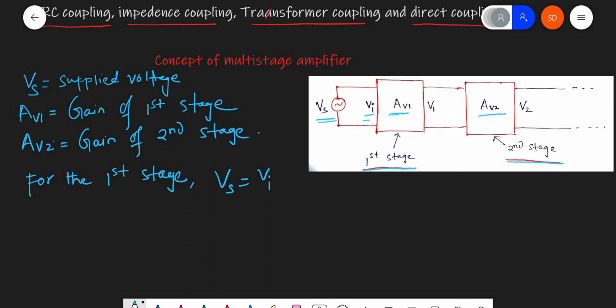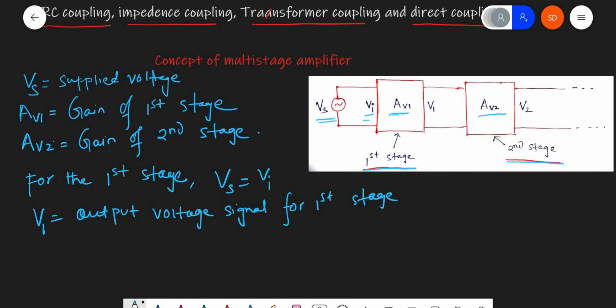Now let V1 be the output voltage signal of the first stage, and V2 the output voltage signal of the second stage.